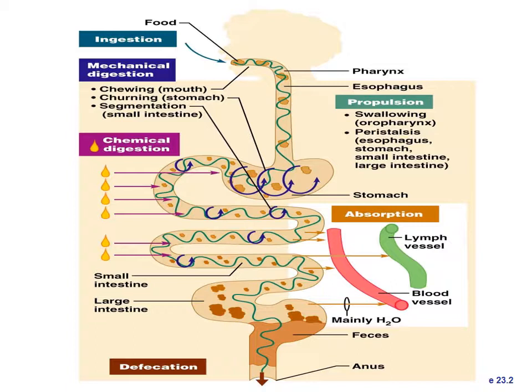This molecular event is completed in the duodenum and jejunum, the first portions of the small intestine. Absorption. Moving the newly formed small molecules across a vessel wall into body fluids like lymph or blood for transport. Defecation. That's pretty much elimination.